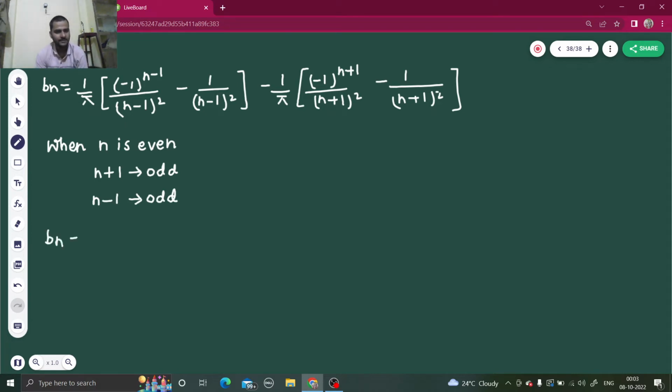So bn will be 1 by pi, minus 1 power n minus 1, and because n minus 1 is odd, this will be minus 1 divided by n minus 1 whole square, minus 1 divided by n minus 1 whole square, minus 1 by pi.